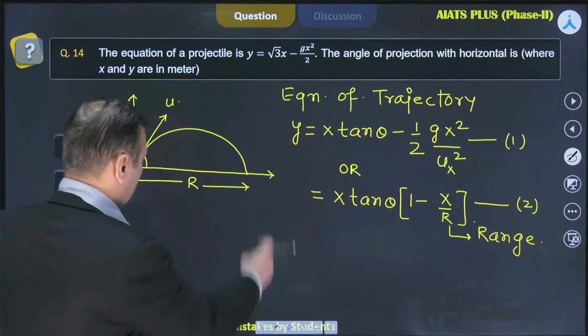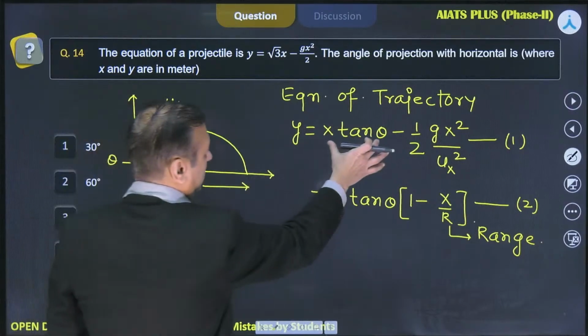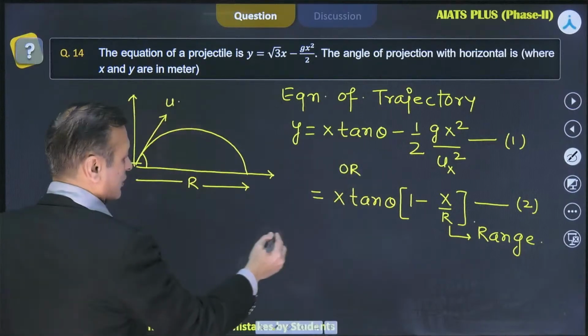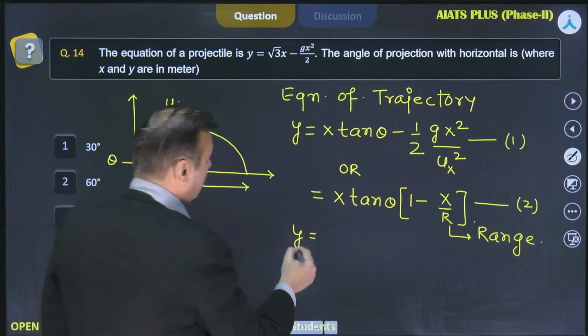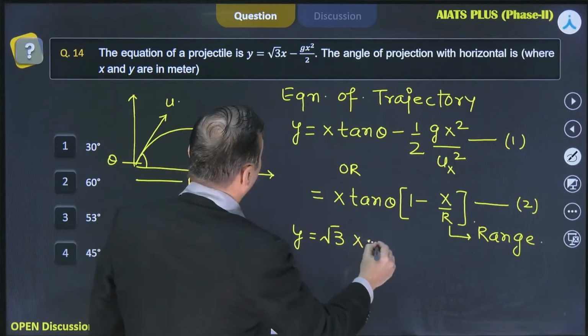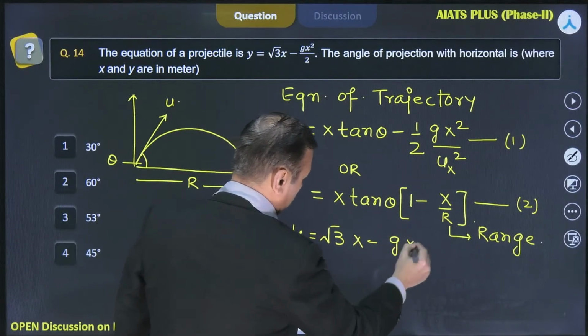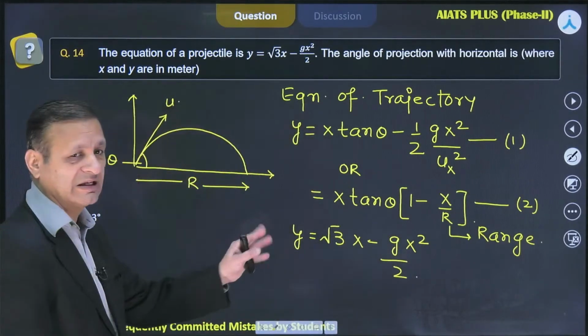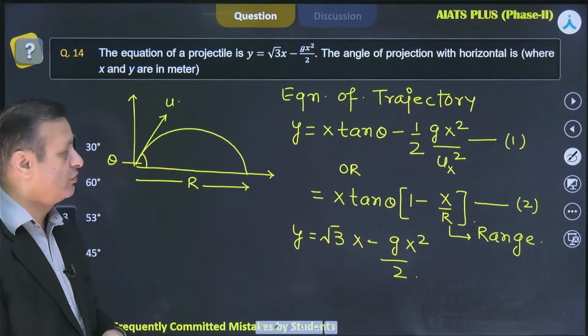Now if you standardize it like this, or if you compare this equation with the given equation, I am writing the given equation as root 3x minus gx square by 2. So this is the given equation in your question.